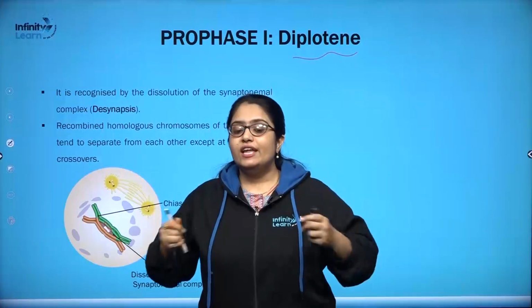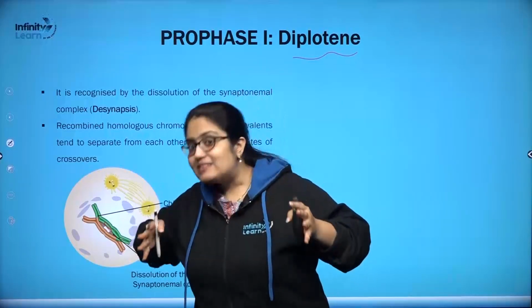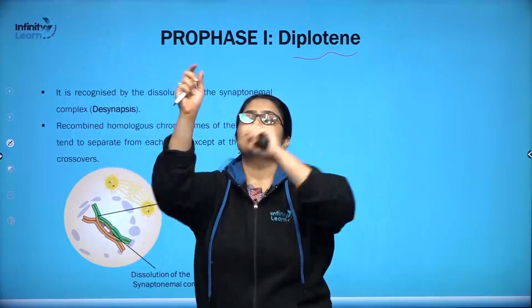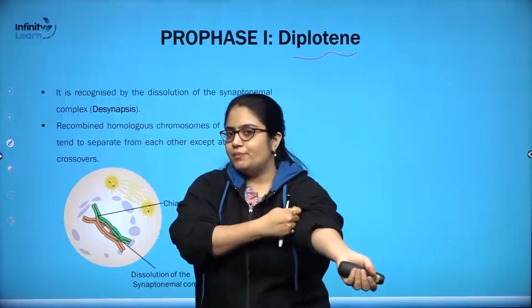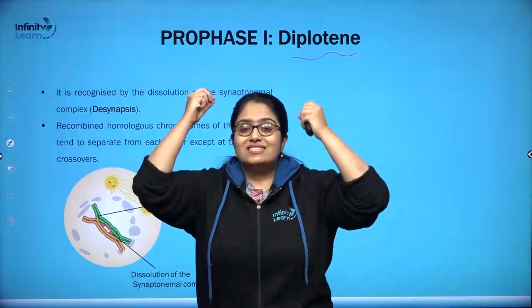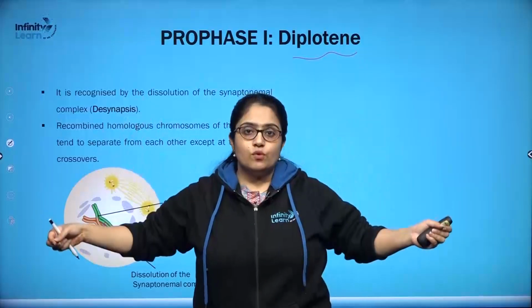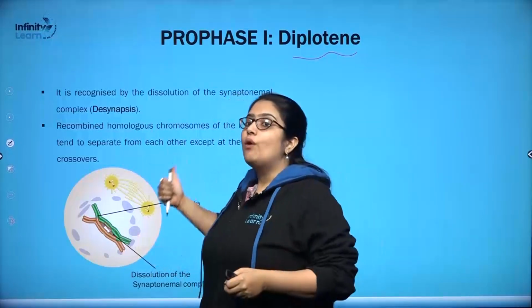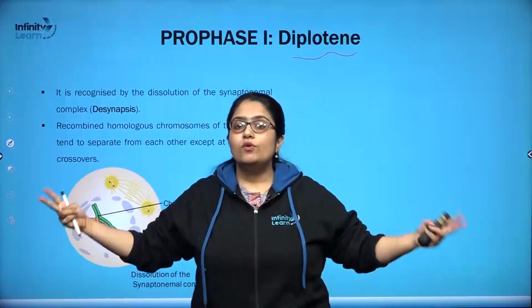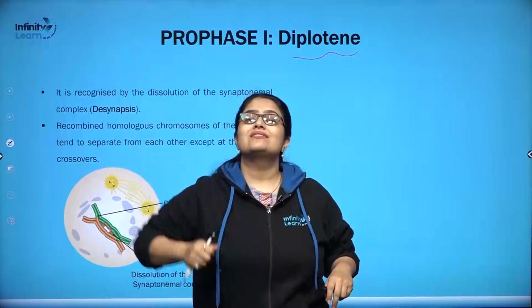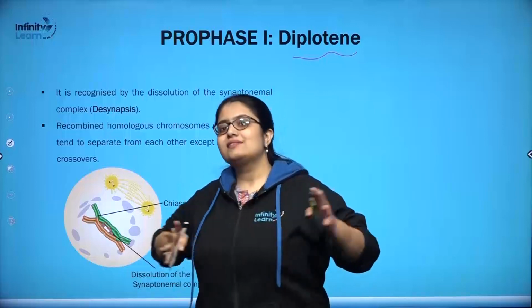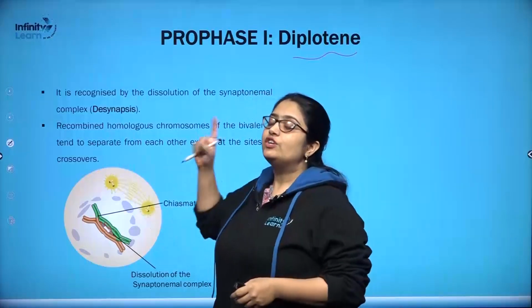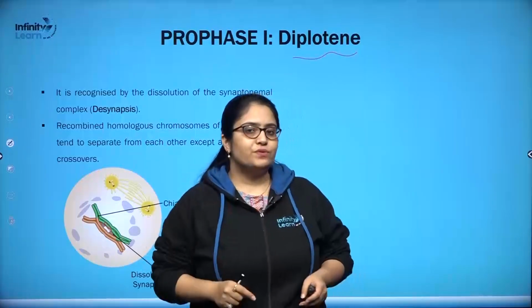So in diplotene, the homologous chromosomes will start separating. Remember and notice this very clearly, my dear students. I am repeating for you again: the separation of homologous chromosomes will start from the diplotene stage. These homologous chromosomes came together during the zygotene stage. They will start separating from diplotene due to dissolution of the synaptonemal complex.